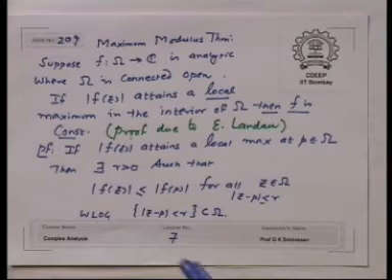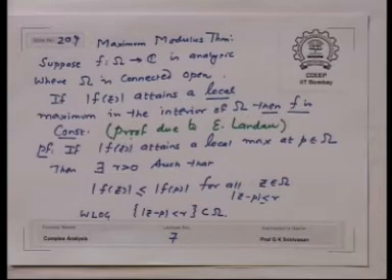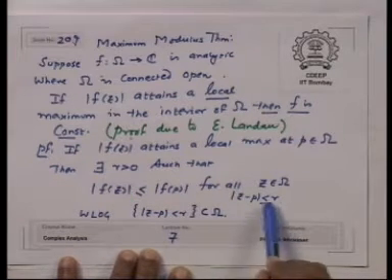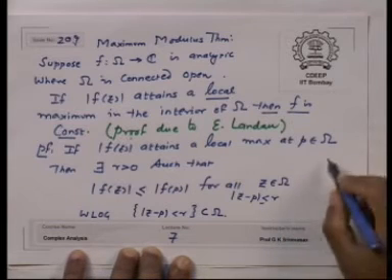So, assume that mod f z attains a local interior maximum, say at the point p in omega. Well, what is the meaning of saying that it attains a local interior maximum? That means that it is a maximum in a small neighborhood. So, take a small disk of radius r centered at p.